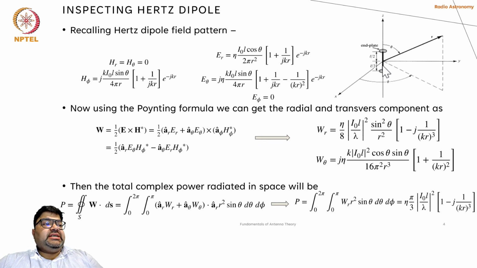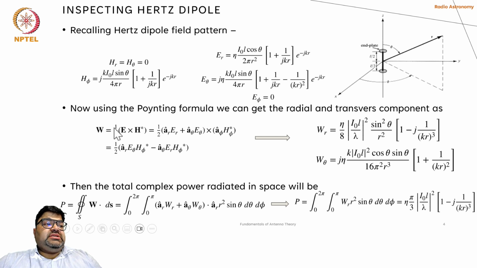From the vector potential we got the H by following Maxwell's equation, and from H we derived E. These are the components of E and H. We replaced the X, Y, Z components with R, theta and phi components. We got only one component of H field, whereas there are two E field components.